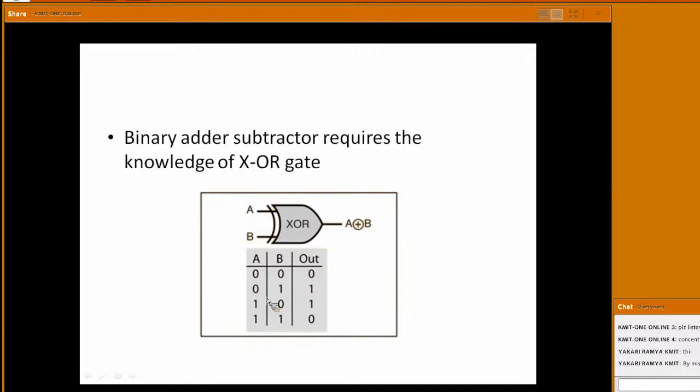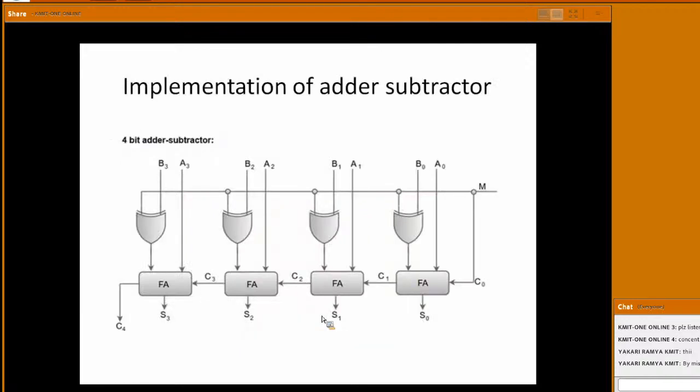In the same way, XORing with 1 will give you the complemented bits. So when you XOR with 1, the result is the complement. The complement of 0 is 1, and the complement of 1 is 0. So this is how the XOR gate operates.